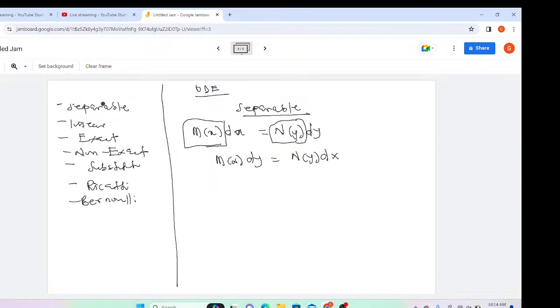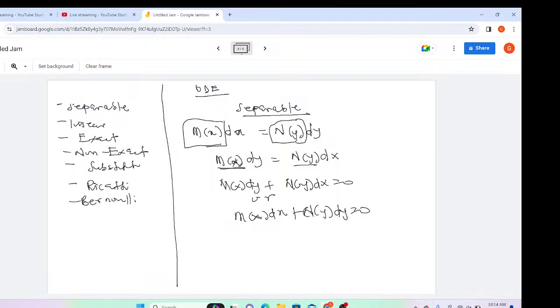One thing you should take notice of is the functions here. Sometimes the functions have been added, something like m of x dy plus n of y dx being equal to 0, or m of x dx plus n of y dy being equal to 0.